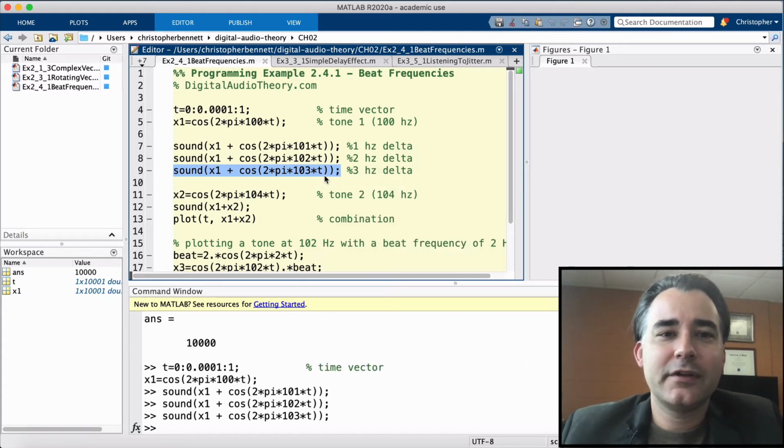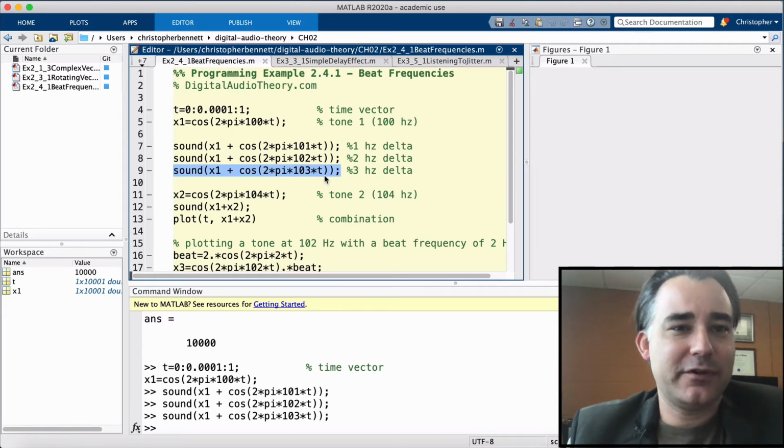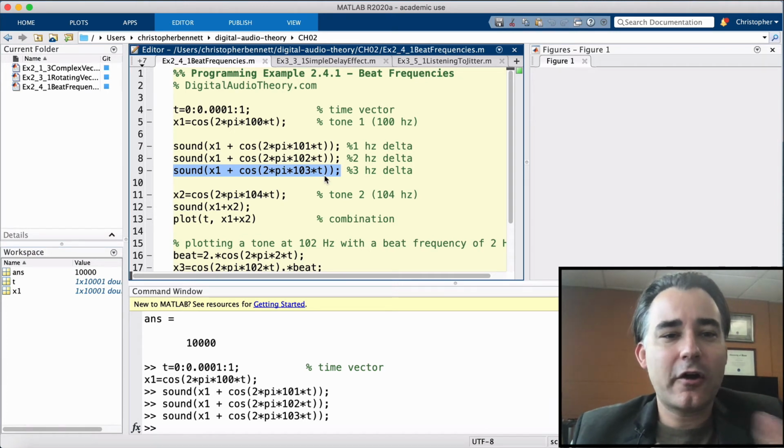Pretty neat. So for this programming example, we'll show that a sum of two cosines with nearly identical frequencies is equal to a carrier with the average of their frequency multiplied by a modulator of half of the difference frequency. So we have already set up our first signal at 100 hertz, x1.